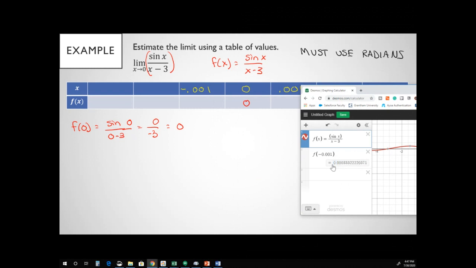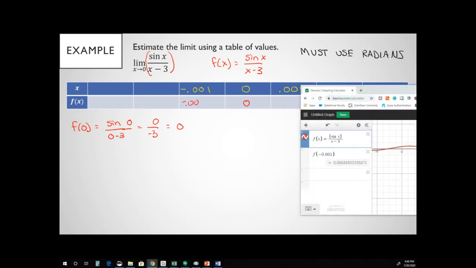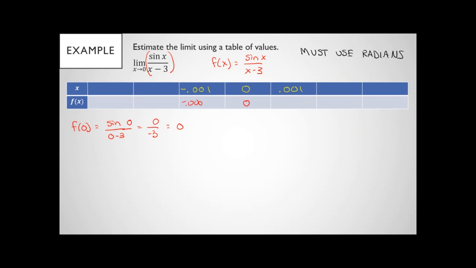That's negative 0.00033. The right number of zeros. So that looks like we're close to 0. So this would make sense that it approaches 0.